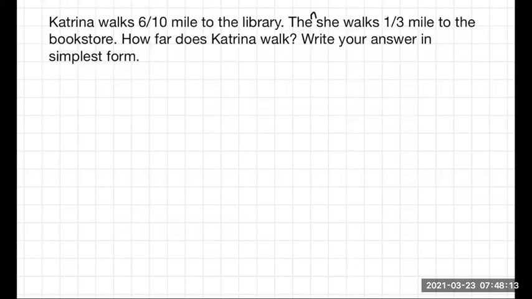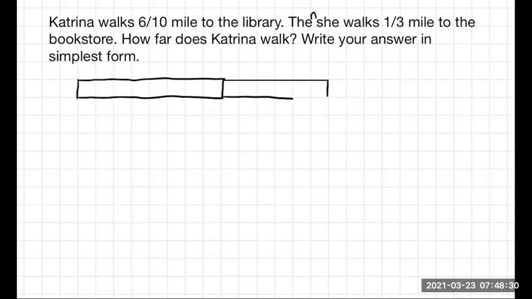So we could draw a tape diagram or a picture showing that she walks a fraction to the library and then another part to the bookstore. So part of a mile to the library and part of a mile to the bookstore.